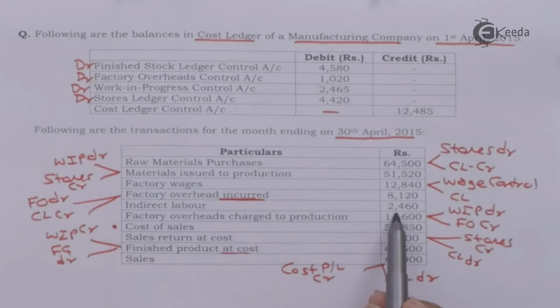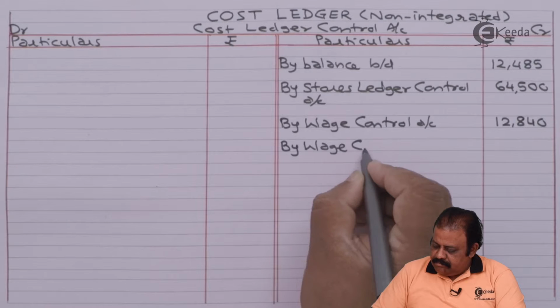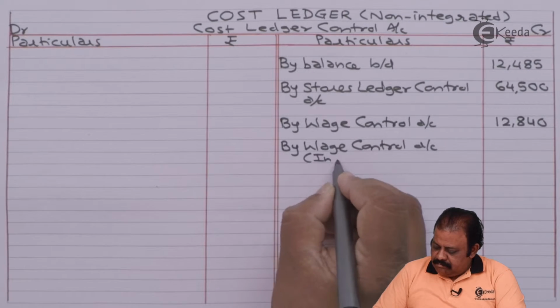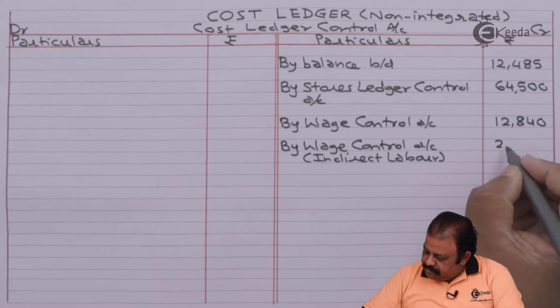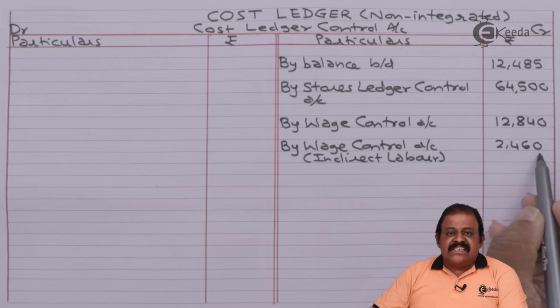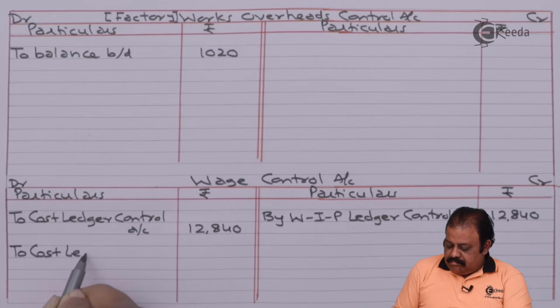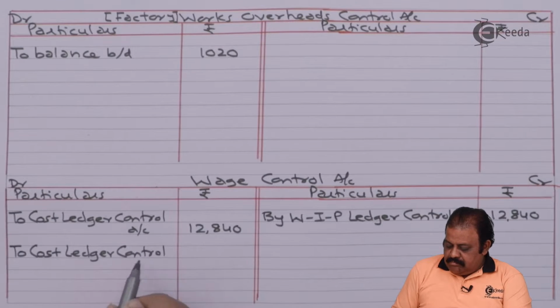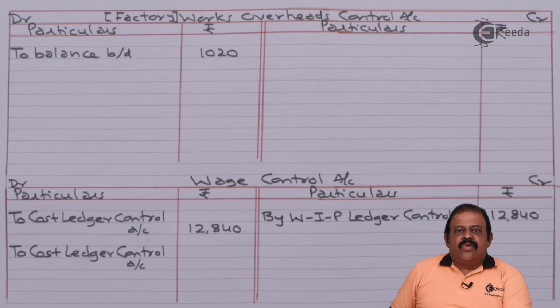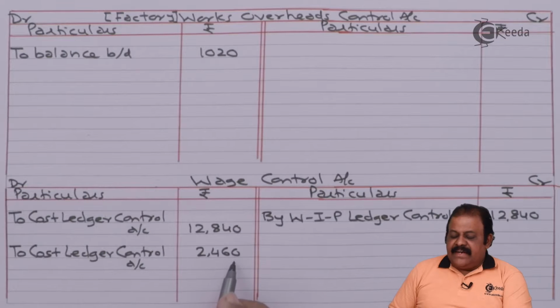12,840. Indirect labor 2,460. This will be credited to cost ledger control account, by wage control account 2,460. Wage control account debit to cost ledger control account 2,460.